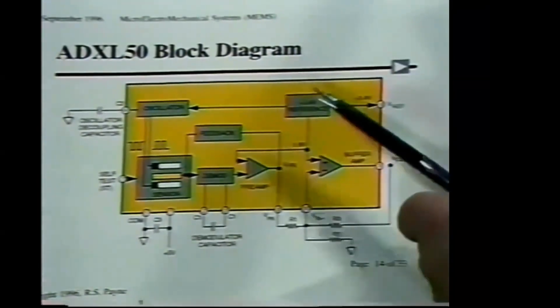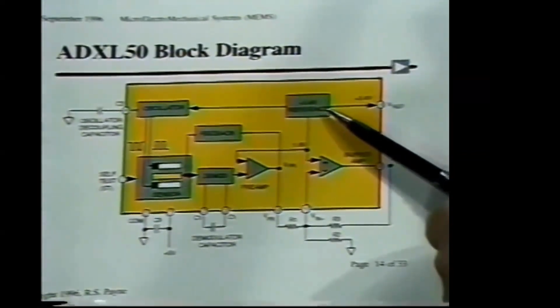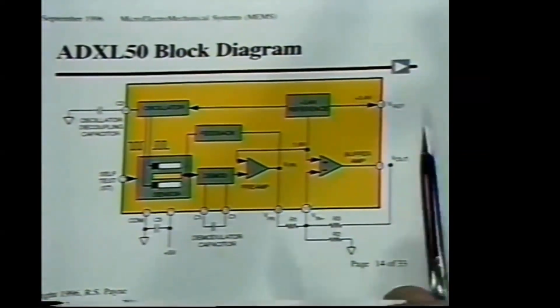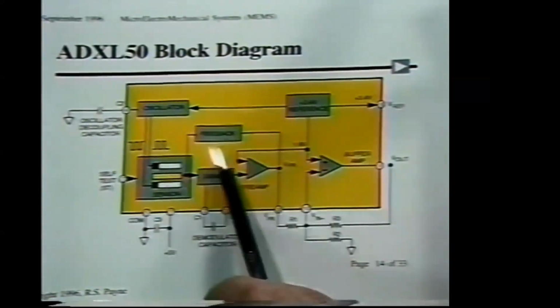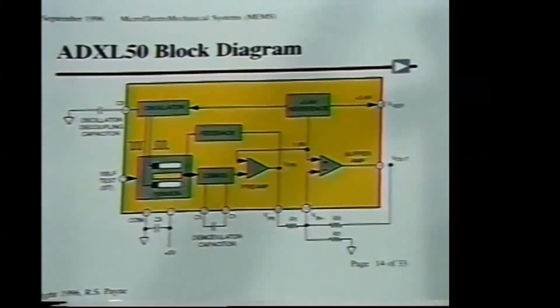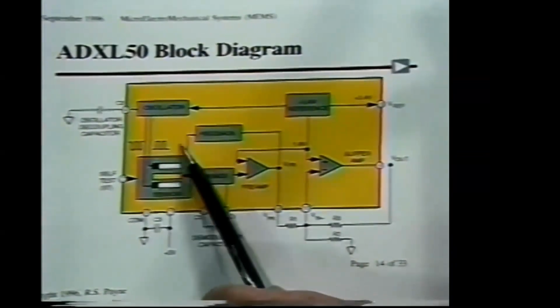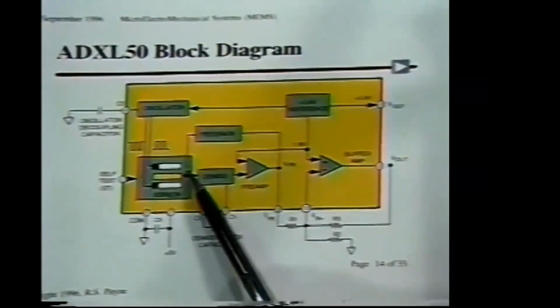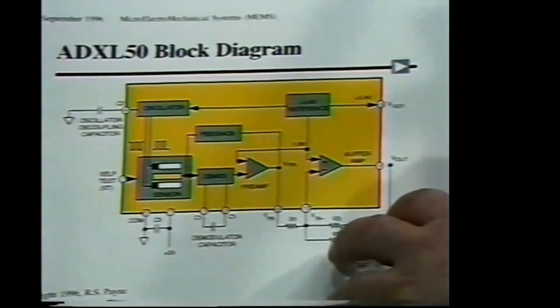It also came with a standard reference building block such that the output was an absolute value of acceleration. There's a block shown here called feedback. In the first system, which I'll describe a little more fully, there's actually a closed force rebalance loop that essentially keeps the center member very close to its null point.